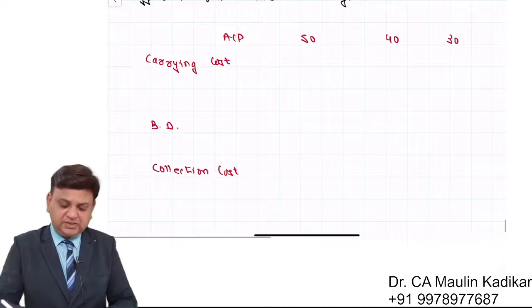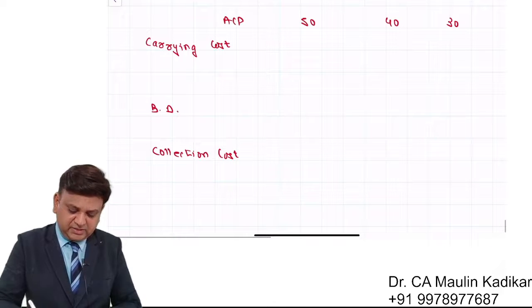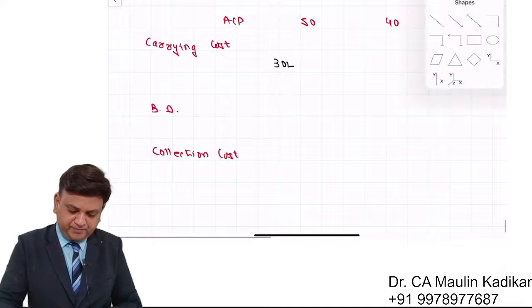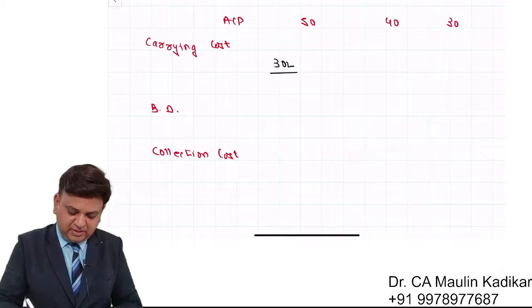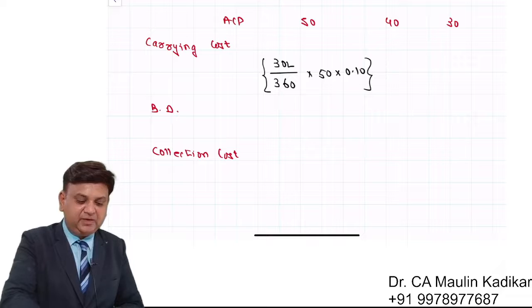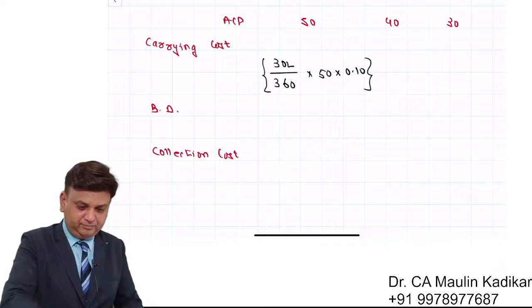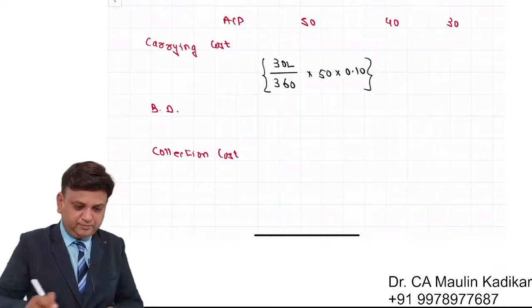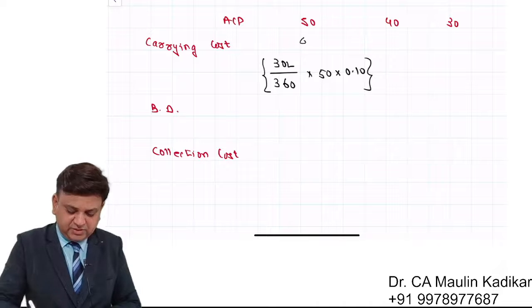As far as the carrying cost is concerned, we already know that it is 30 lakhs divided by 360 into 50 into 10%. That is the way the carrying cost can be found. It is 41,667.